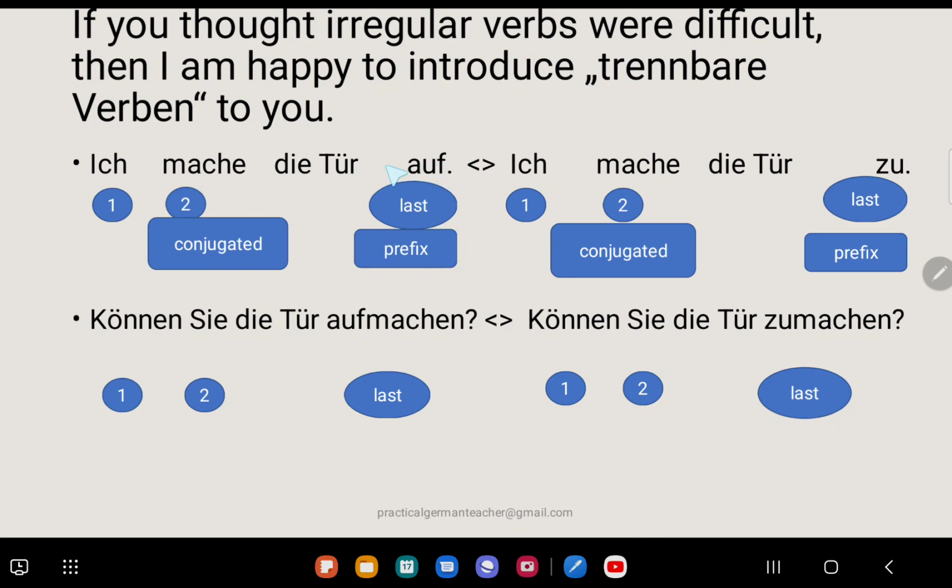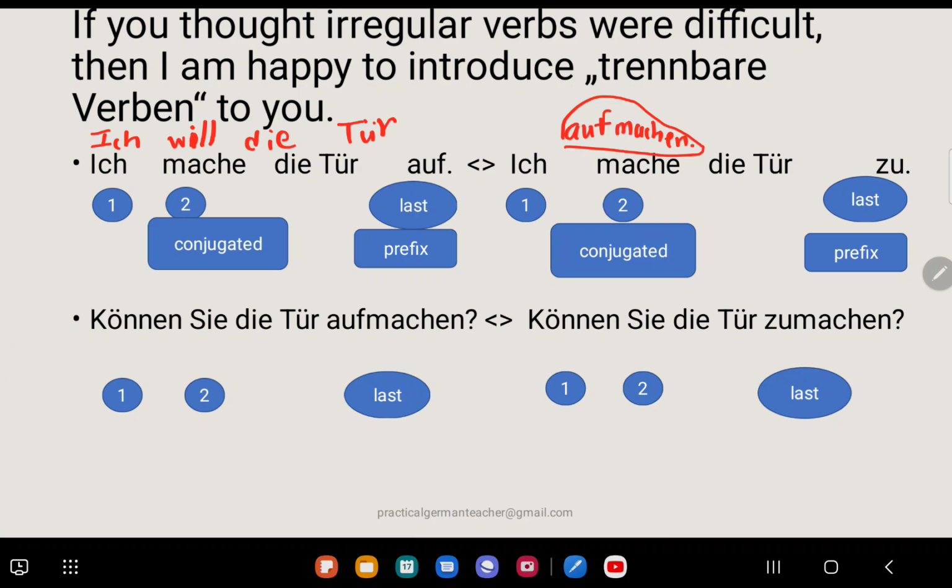So for example, if you want to say I want to open the door, you will say ich, right? Because you have a modal verb, you only conjugate that part. The other one you keep in infinitive form, prefix and everything together. So let's say I want to say wollen, so wollen becomes will for ich, then the object, die Tür.